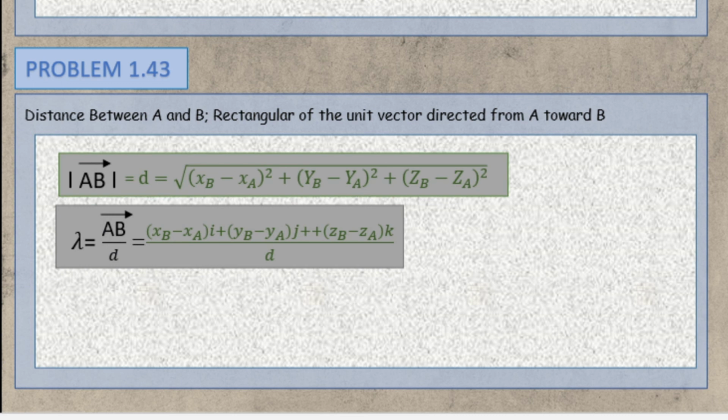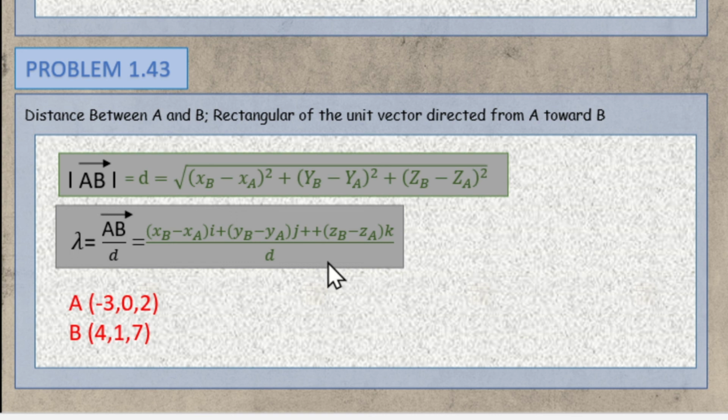This will be the formula that we need to solve for our distance and for our unit vector. This is our given coordinates for A and B.